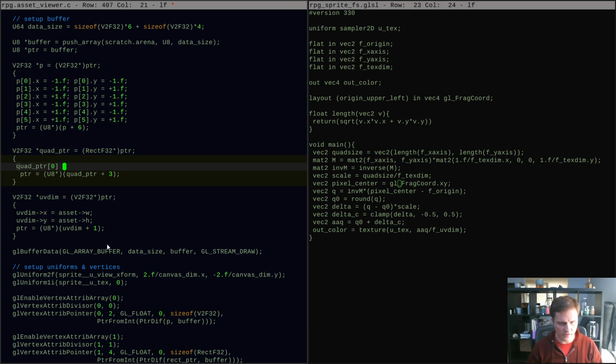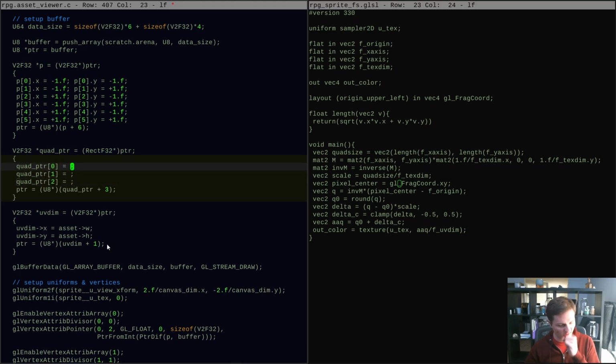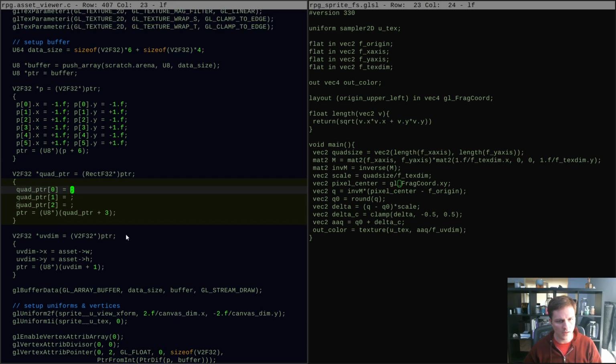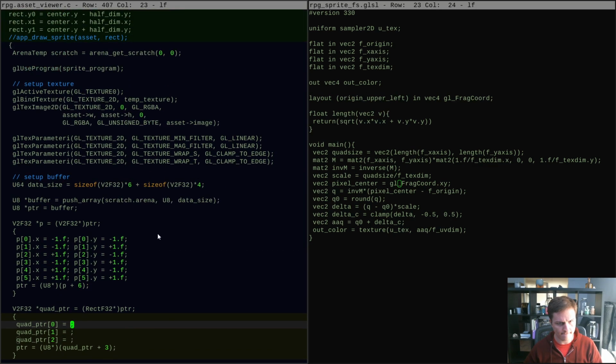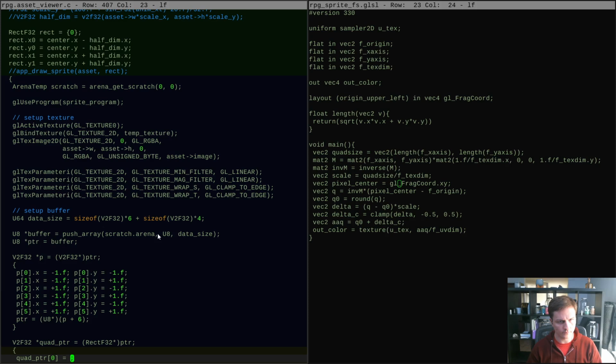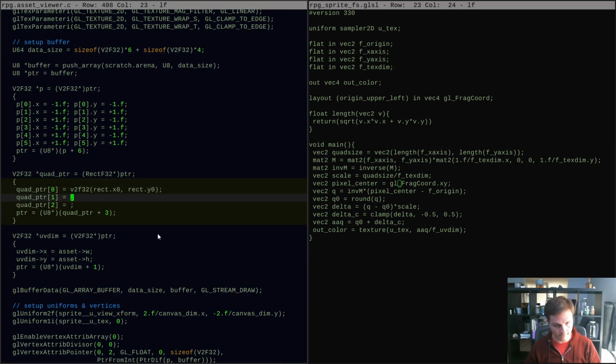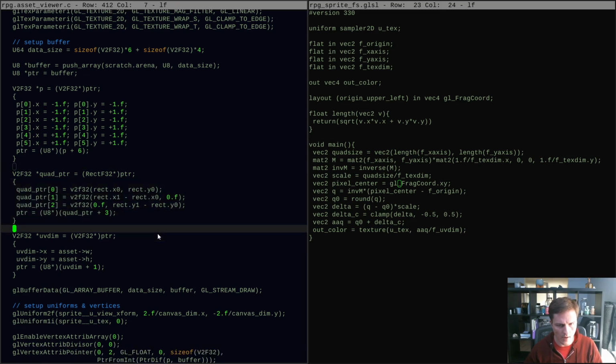Quad putter 0, 1, and 2 need to get filled with the origin and x-axis and y-axis. X-axis is v2 f32 rect dot x1 minus rect dot x0, 0, and this one is the same thing with the y coordinates.